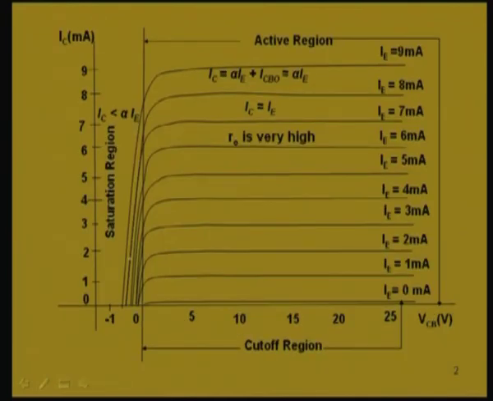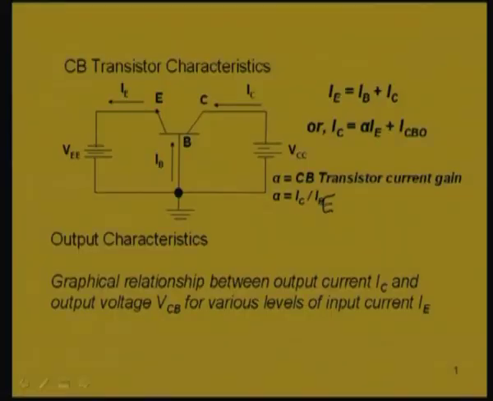In fact, if we go on increasing the VCB in the forward direction too much, then ultimately the direction of IC will be reversed. That is very evident from this figure here. With the collector base junction reverse biased, the IC current was flowing from right to left.